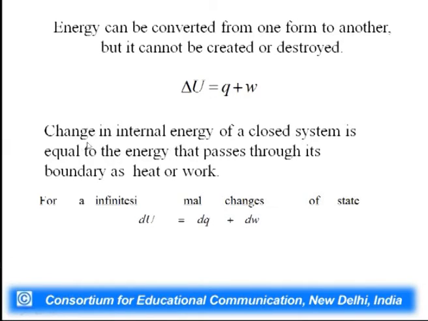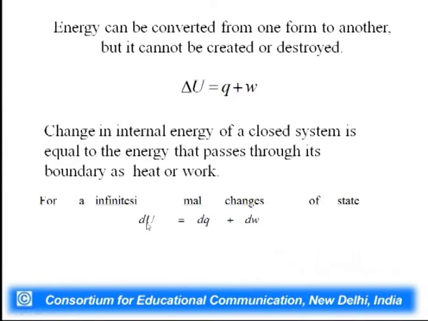From this equation, we can say that the change in internal energy of a closed system is equal to the energy that passes through its boundary as heat or work. Suppose we take an infinitesimal change of state. In that case, we can change this delta to the sign d.